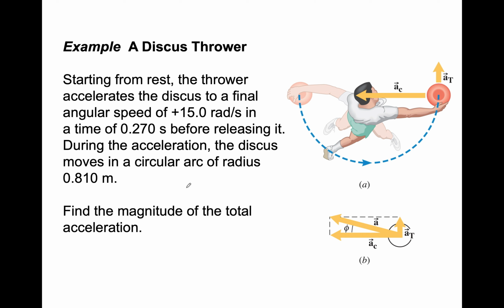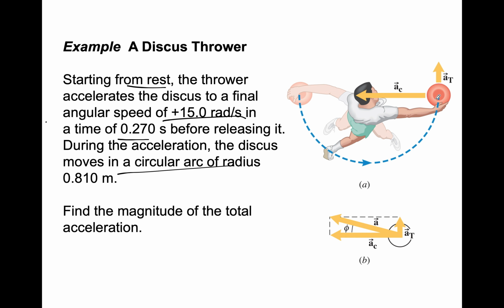Example: a discus thrower. Starting from rest, initial angular velocity 0, accelerates to a final angular speed of 15 radians per second, in time 0.27 seconds. And the radius is 0.81 meters. Find the total acceleration.